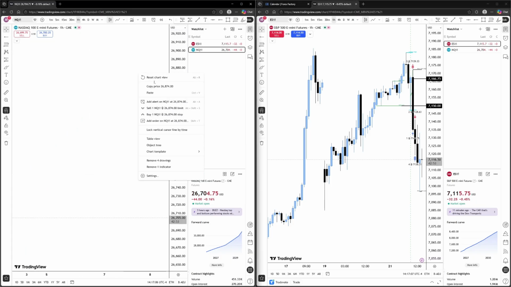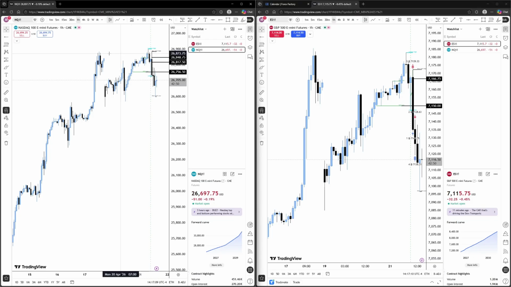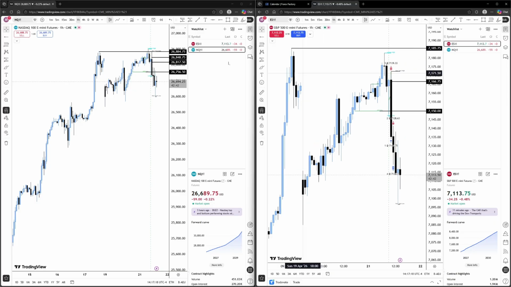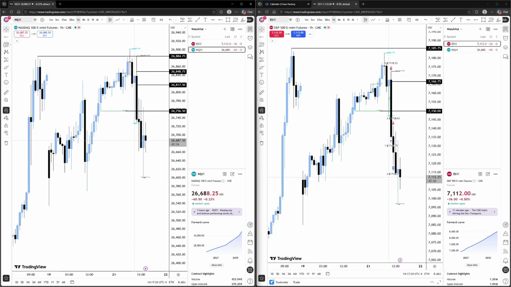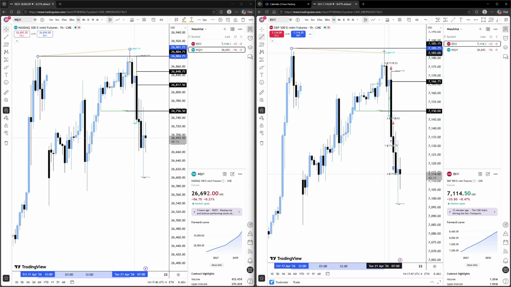During London session we have a delta divergence. We have a high there, and then we have a low there.